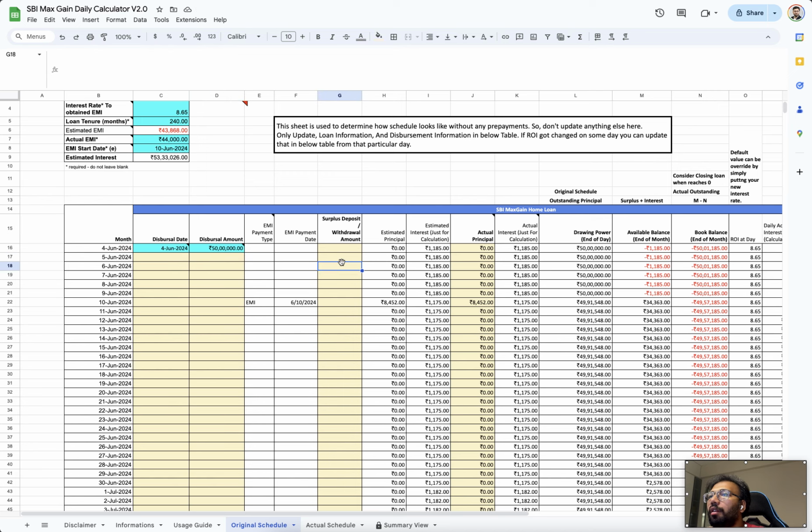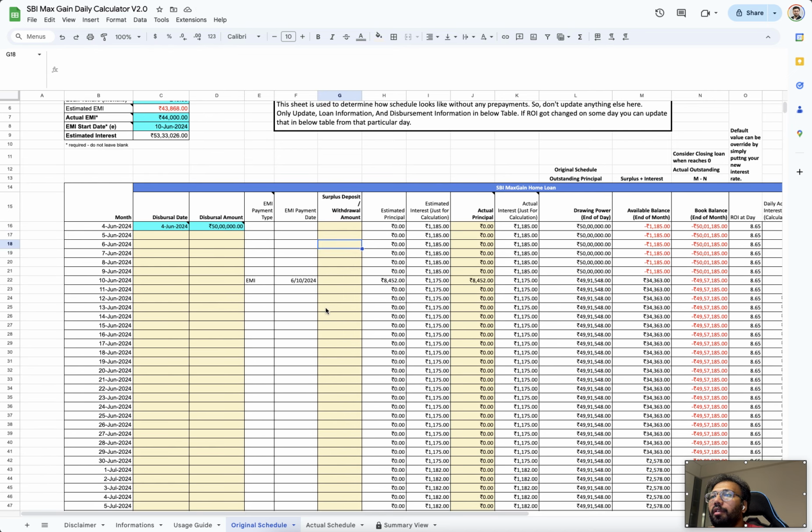And let's say just after the first month, I am putting 10 lakhs. If I'm parking the amount, I will just put the amount in the positive sign, like this.